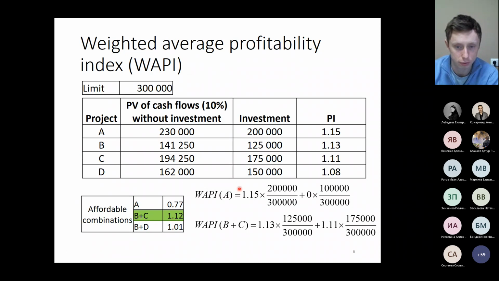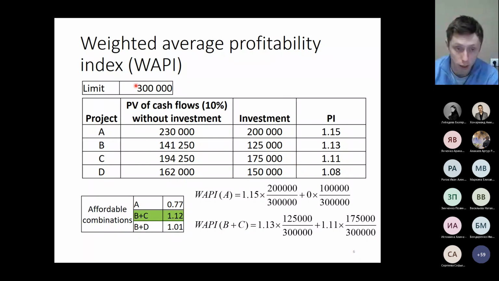Here we have a different set of projects. Here it is. So we have a profitability index for each project, and we have the amount of investment we should make in order to fulfill this project.